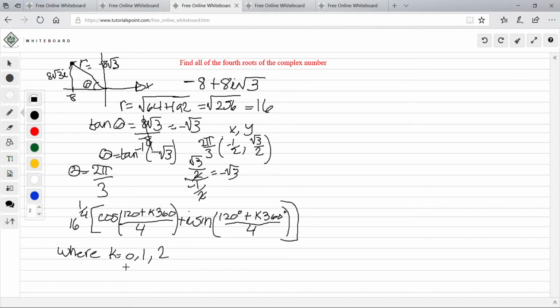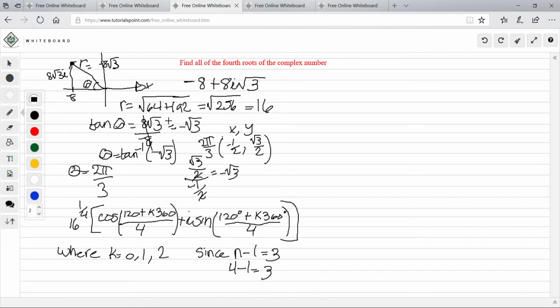You know why it's k equals 0, 1, 2? Because n minus 1 equals 3, since our n was 4, because we got our n from the fourth root. So 4 minus 1 is 3. We should have a total of 3 k's: 0, 1, 2. So that's why it's k equals 0, 1, and 2.